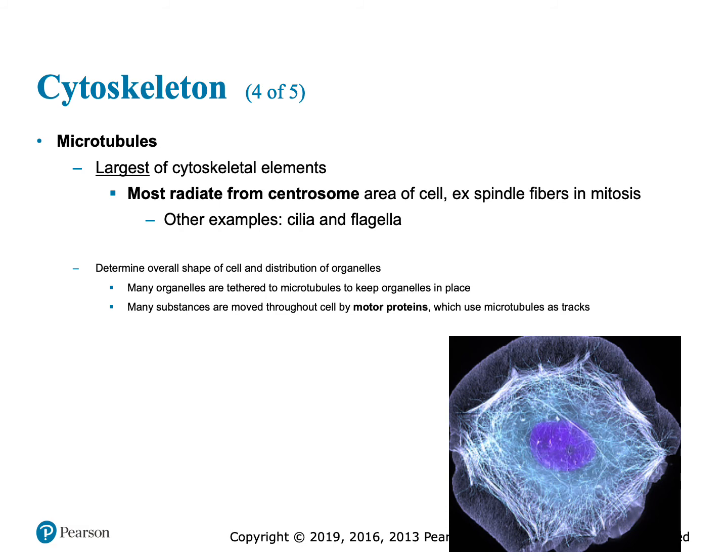Also, those spindle fibers that you saw, those are cytoskeleton. And flagella on a sperm, or in tissues, you're going to see pseudostratified ciliated columnar epithelium. In A&P 2, you're going to learn that we have ciliated tissue in the female reproductive tract. Cilia are a type of microtubule.